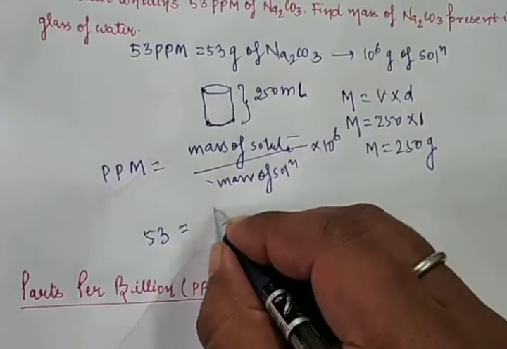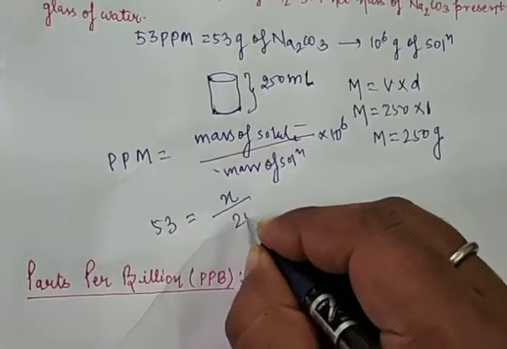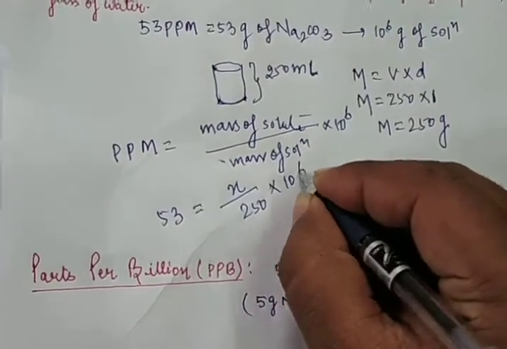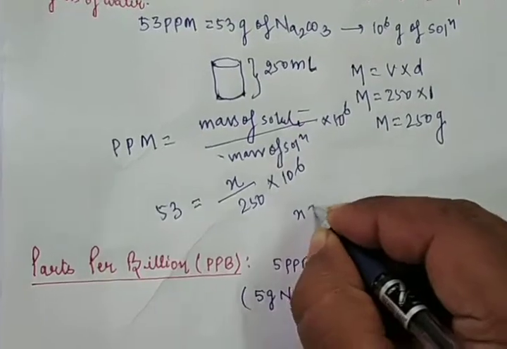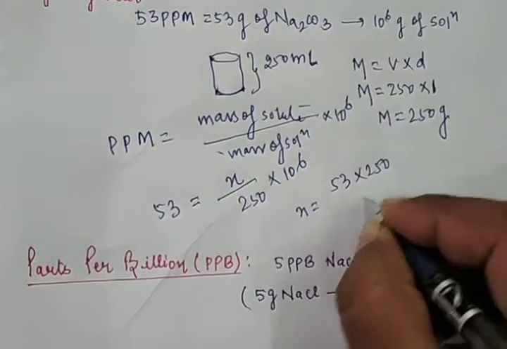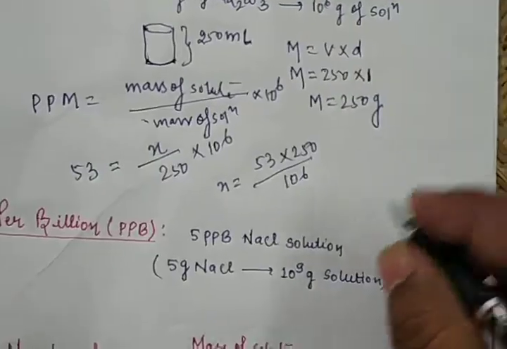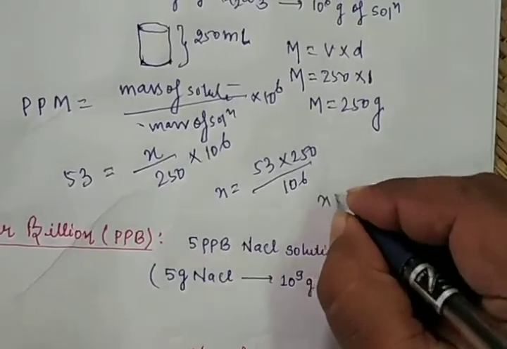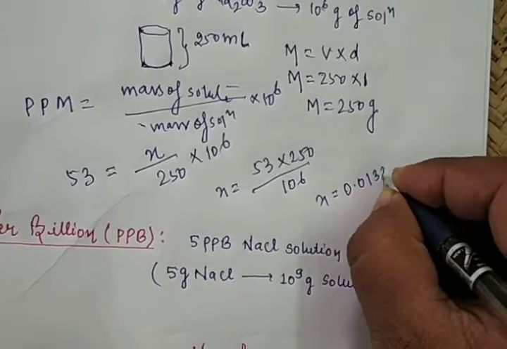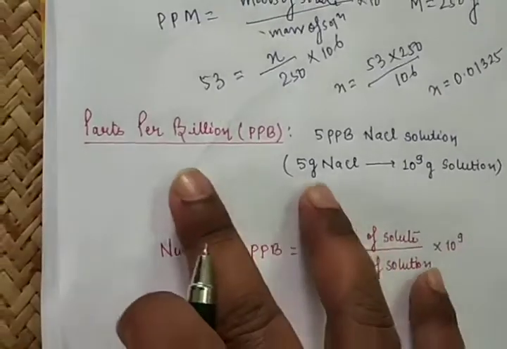The mass of solute is x, and mass of solution is 250, into 10 to the power 6. So x is 53 into 250 divided by 10 to the power 6. Now the answer is x equals 0.01325 gram. Clear?